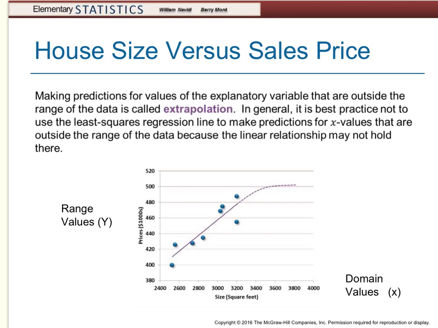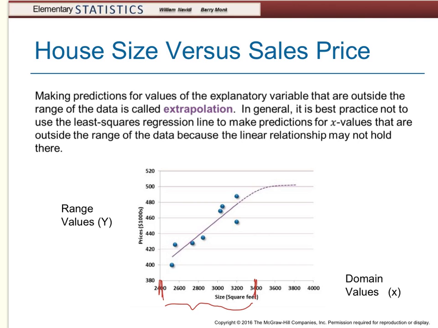In the case of the house size versus the sale price, we notice that the values that were given to us were between these two values here. These we call the domain values of x. And so our line is very well predicted within that range because those are the values that have been provided to us.